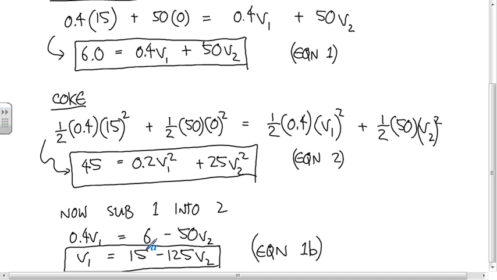Plug it into 1b here, and you get 15 minus 125 times 0.238.